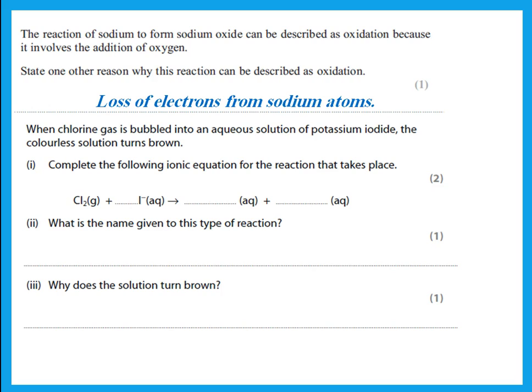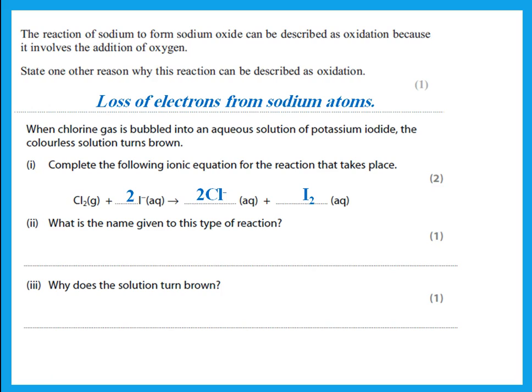So the original solution of potassium iodide, for example, is a colorless solution. Now, when we pass chlorine through it, you should realize that chlorine is more reactive than iodine. So it will displace the iodine from the potassium iodide to form iodine as a molecule, and the chlorine changes to chloride. Now we need to balance, so we need to put a 2.